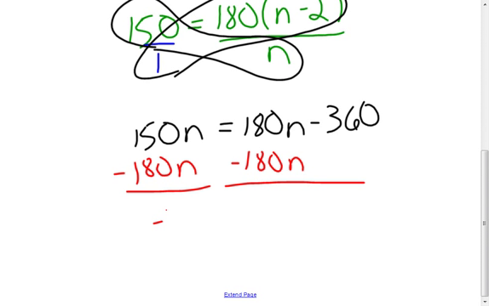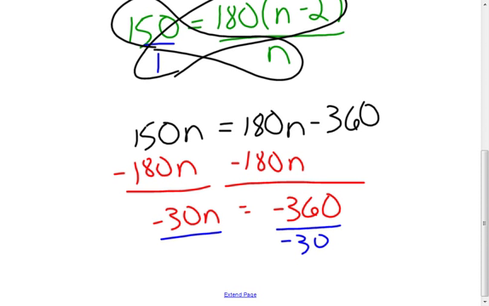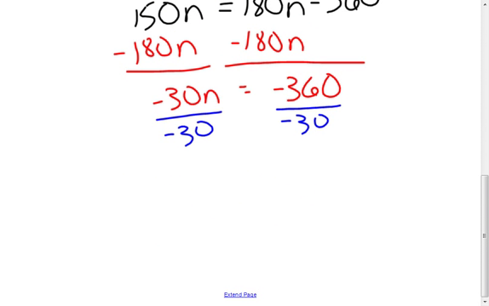Now I'm left with negative 30n equal to negative 360. If I divide both sides by negative 30, I find out that n equals 12, which is, again, the number of sides and the number of angles of this polygon.